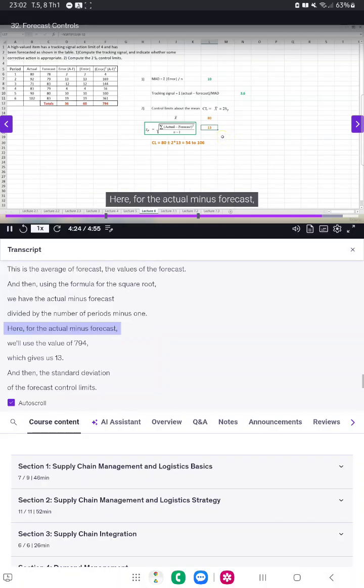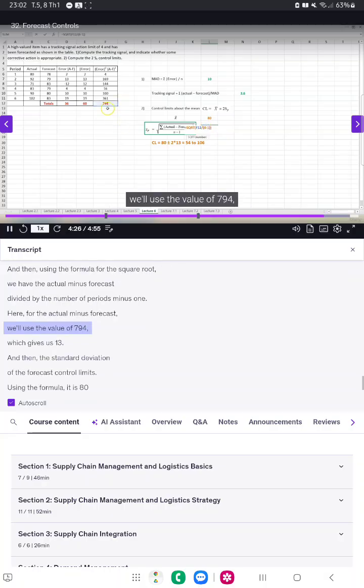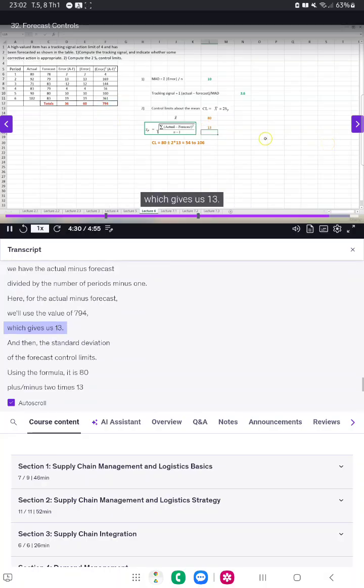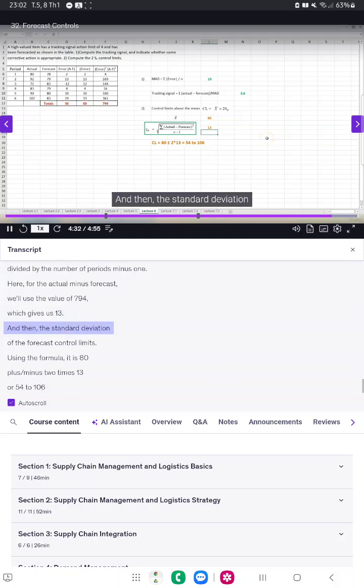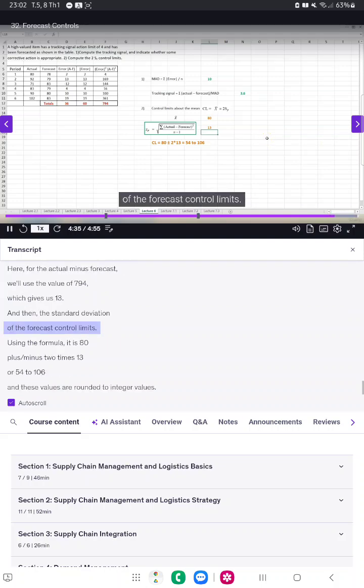Here for the actual minus forecast, we use the value of 794, which gives us 13. And then the standard deviation of the forecast control limits, using the formula, is 80 plus or minus 2 times 13, or 54 to 106, and these values are rounded to integer values.